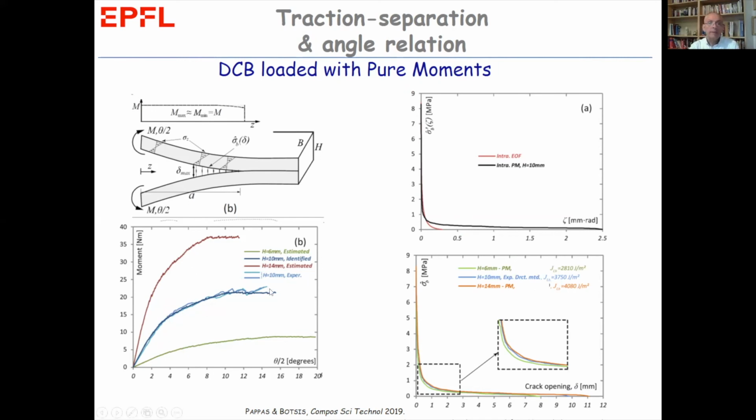The middle one is the one we tested, and you see here the result is excellent with the experiment. And then the two that we predict without any experimental comparison. We haven't done experiments on these two thicknesses, but comparison with what we found in the literature is good and very good, and we believe that the undertaken approach is very sound.